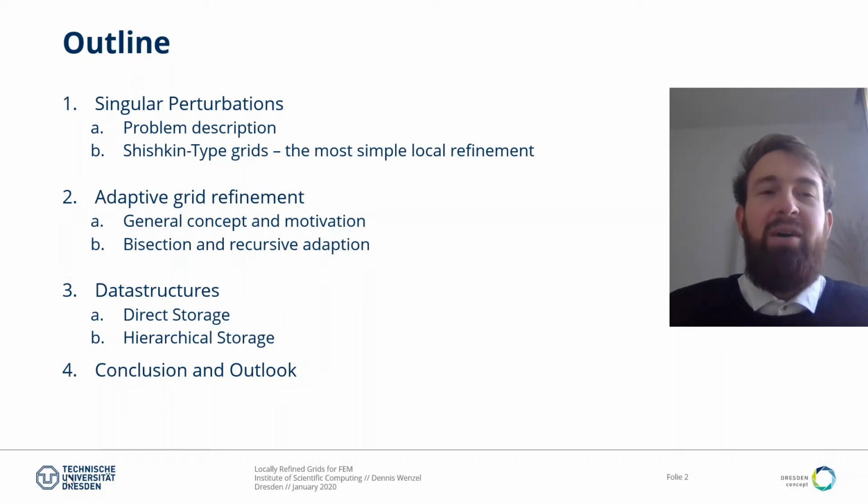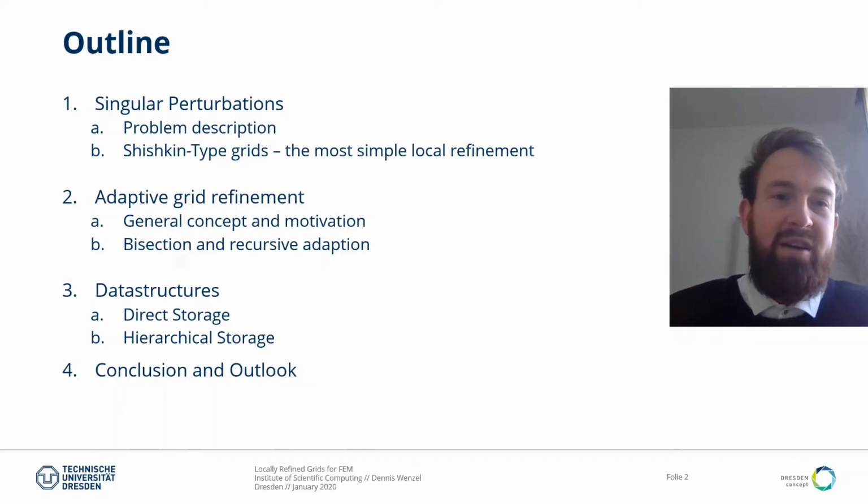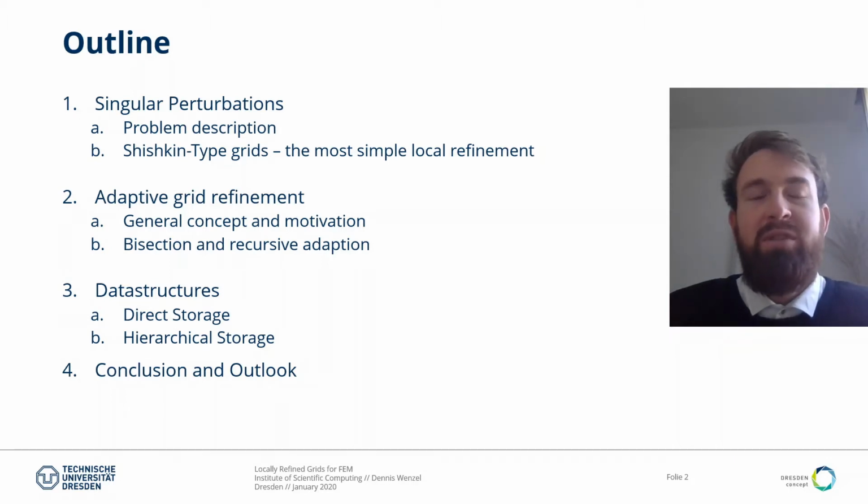These are probably the most simple idea when you talk about local refinement. They sound very troubled and cryptic, but actually, it's a very, very simple and intuitive concept. And it's one of the ways to resolve those singularly perturbed problems.